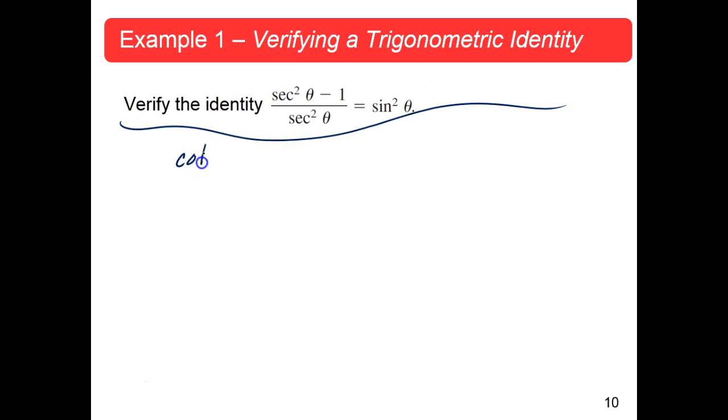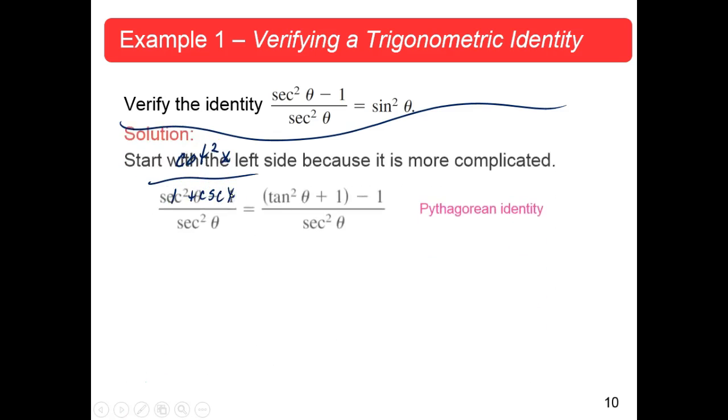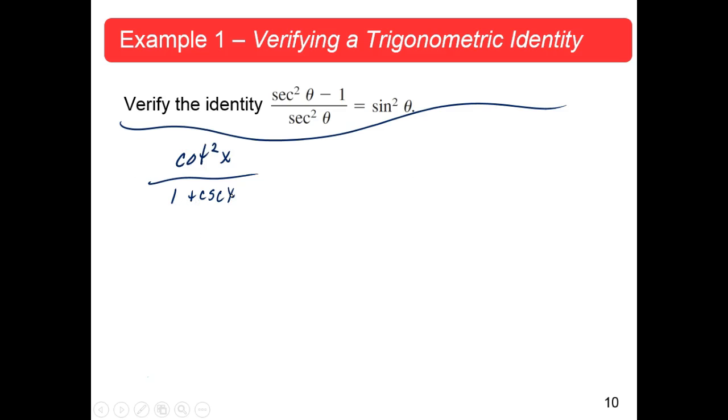Cotangent squared x divided by 1 plus cosecant x is equal to, or supposedly is equal to, 1 minus sine.